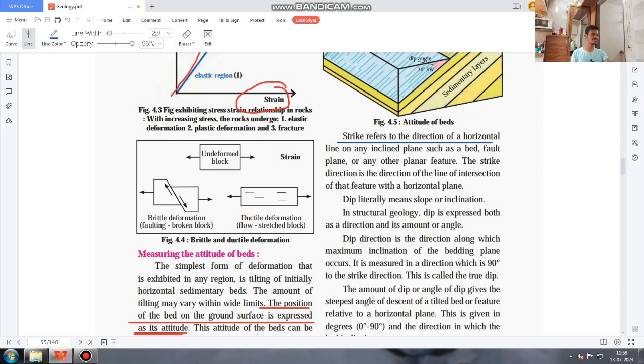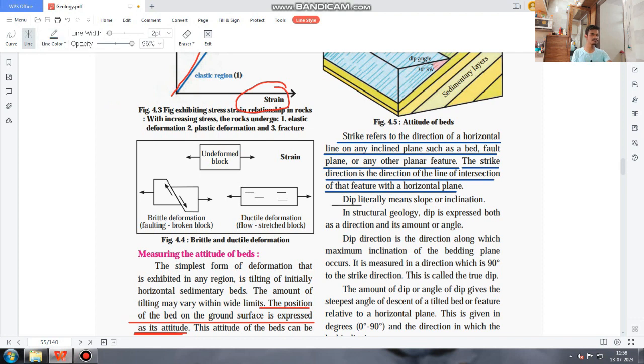It says that strike refers to the direction of a horizontal line on any plane, inclined bed, fault plane or planar structure. The strike direction is the direction of the line of intersection of that feature with the horizontal plane. What is strike and what is strike direction? This paragraph is important.